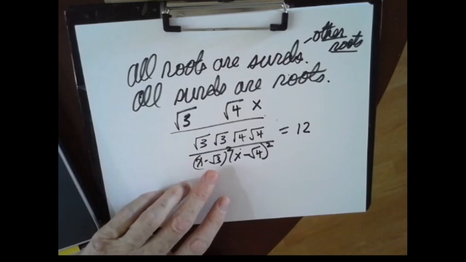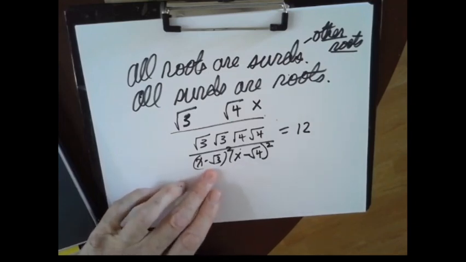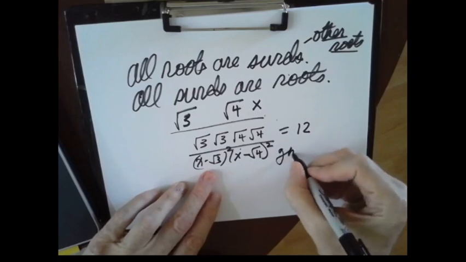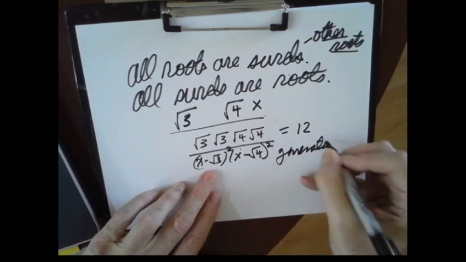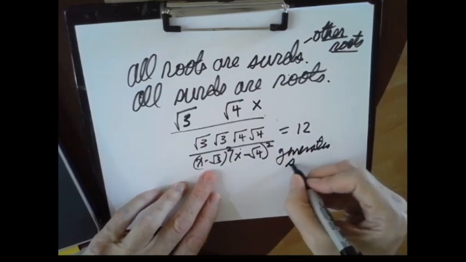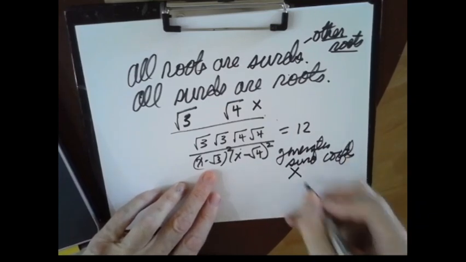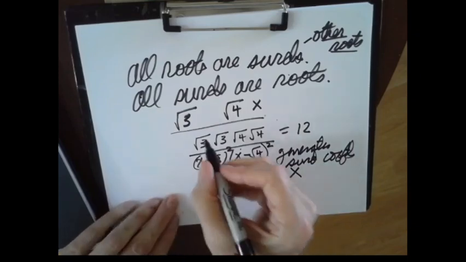The slight catch here is that this will generate surd coefficients, and I call that a violation. So I'd have to tighten this up.